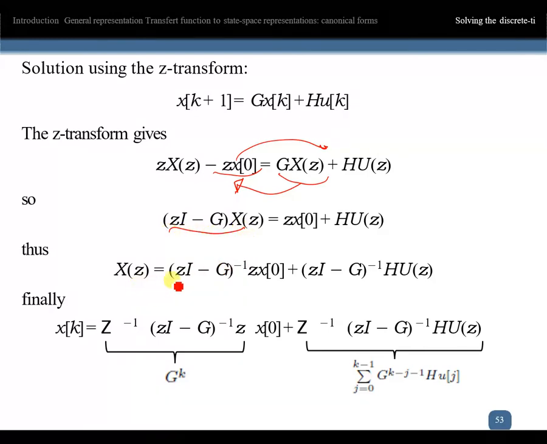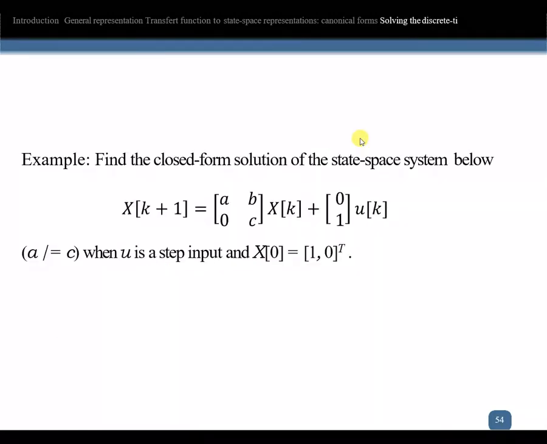You can find X(z) equal to (zI minus G) inverse zx0, plus (zI minus G) inverse HU(z). The term depending on the initial condition is the same as G^k x0, and the term related to the input is exactly the same as the sum from j equal to 0 to k minus 1 of G^(k-j-1) Hu(j). Both methods are similar.